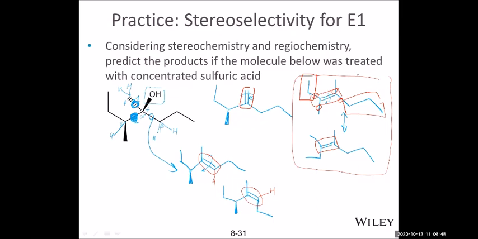This is the E isomer because the bulky groups are against each other across the double bond. Whereas this, the bulky groups are on the same side of the double bond. This is the Z isomer. Between these 2, this is preferred. So the final answer, this alkene should be the main product.